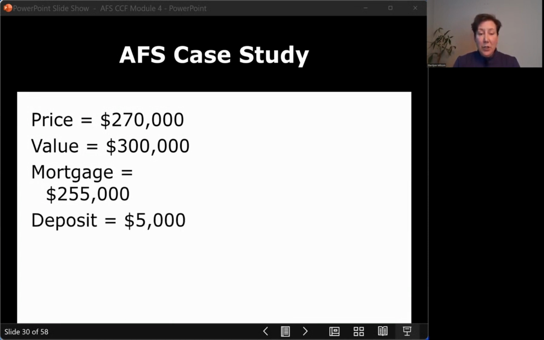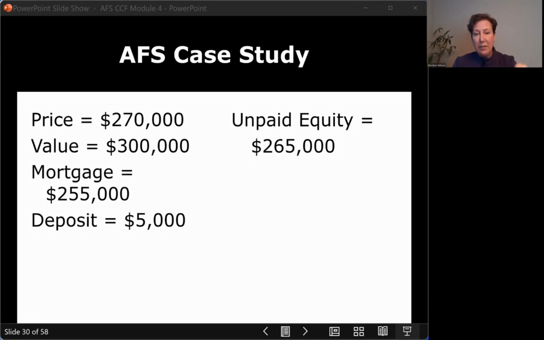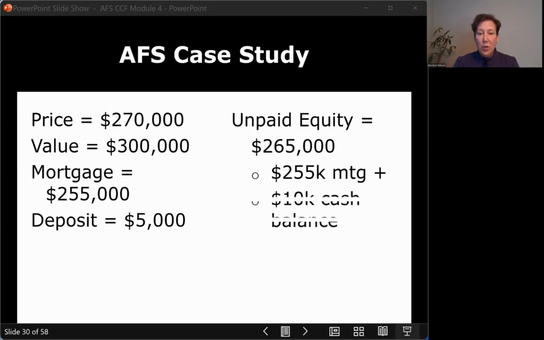We paid a purchase deposit of $5,000, which means that the unpaid seller's equity, including mortgage, was $265,000. So that's the price we paid less the $5,000. And of that, there was $255,000 in mortgage and $10,000 in cash balance of the cash portion of the unpaid seller's equity.